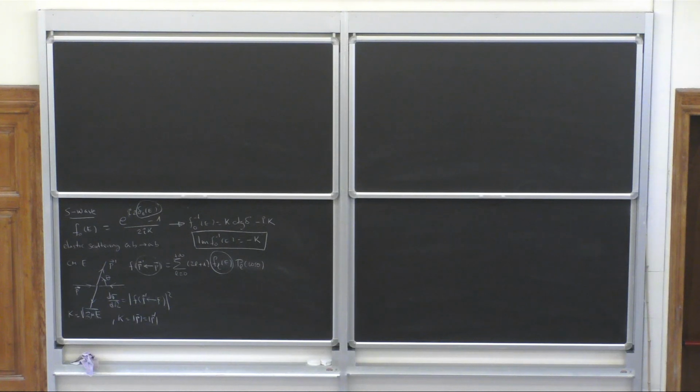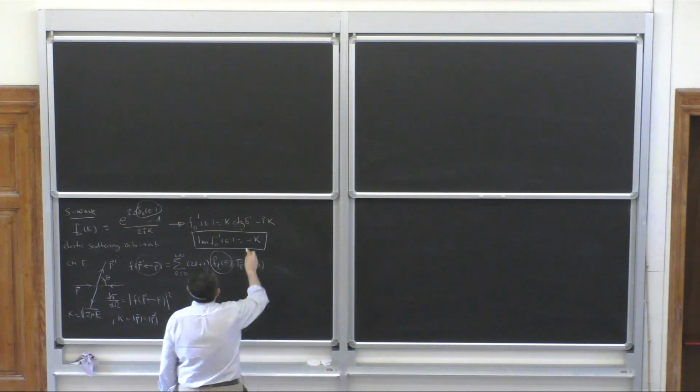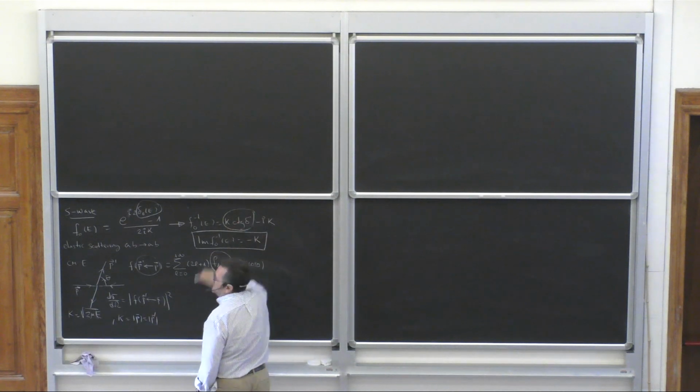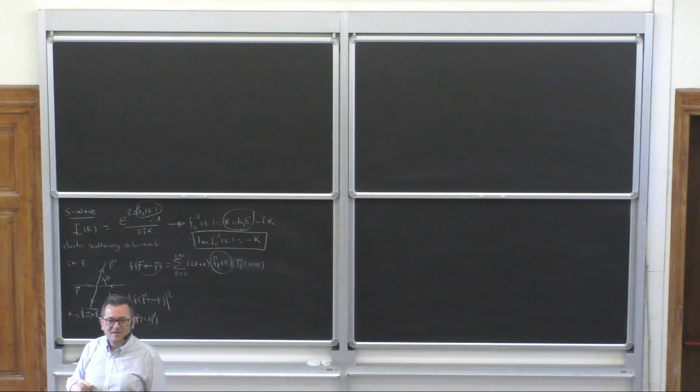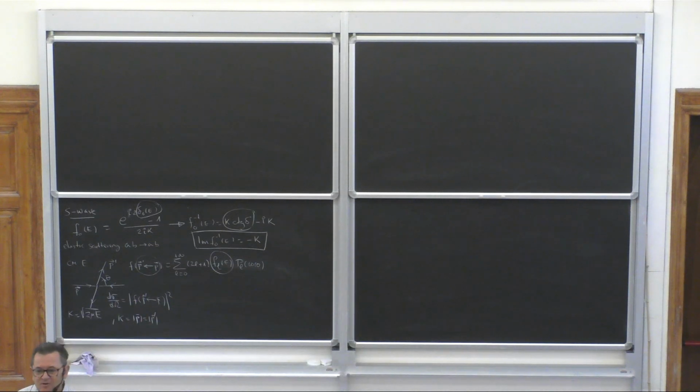All the physics, all the theory comes into this thing, right? The physics allows you to predict the phase shifts, and therefore allows you to predict K cot delta, the cotangent of delta.